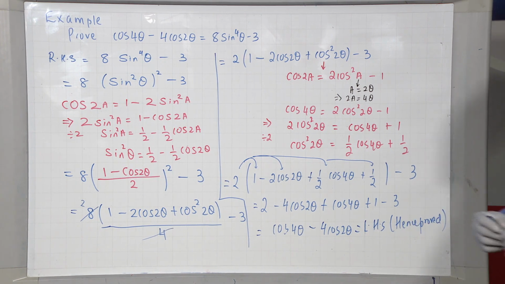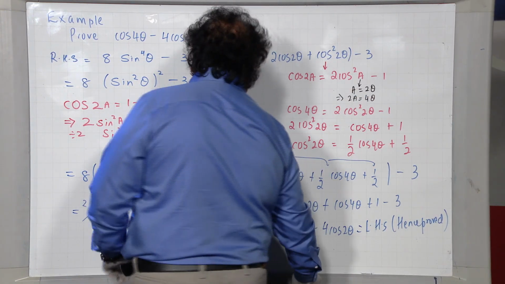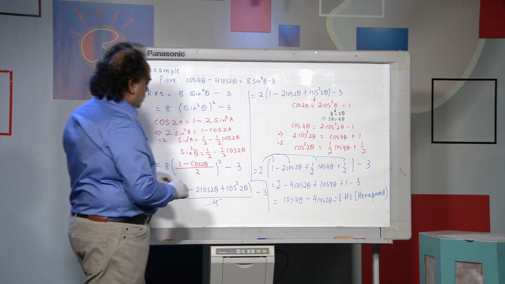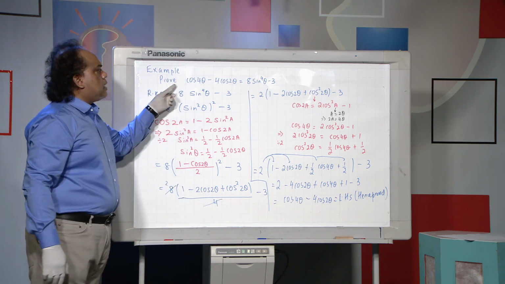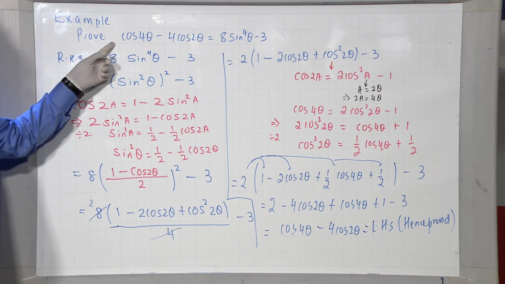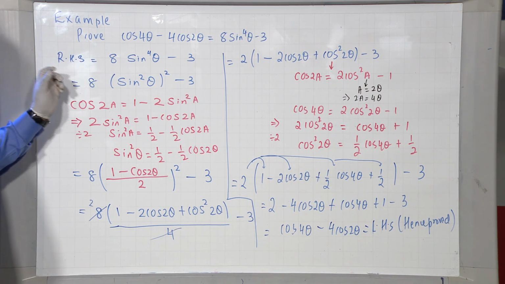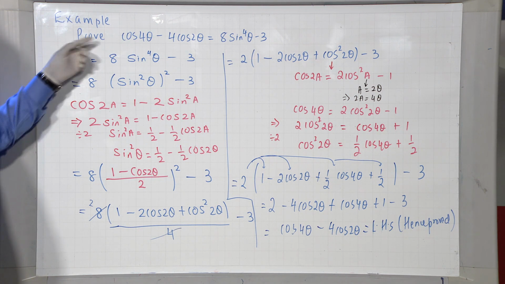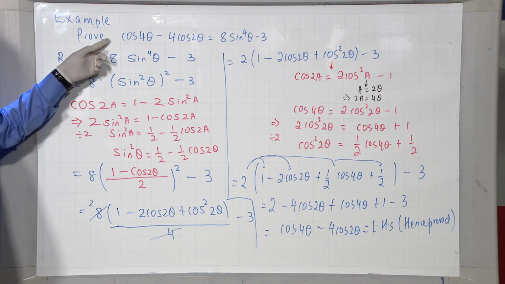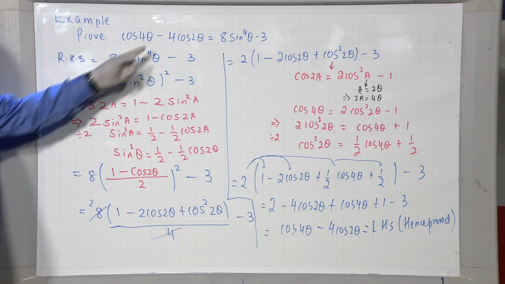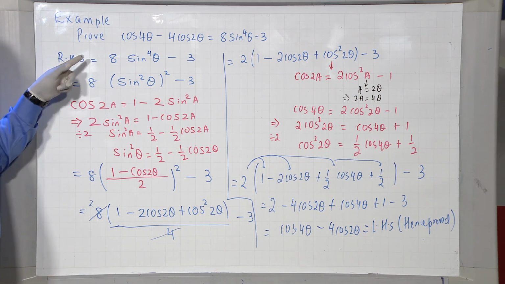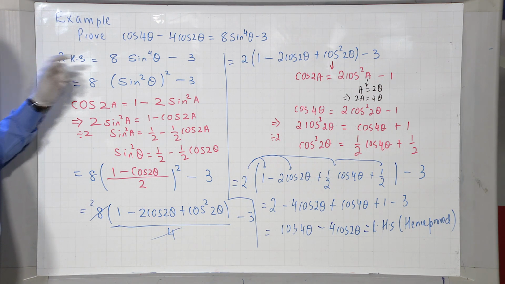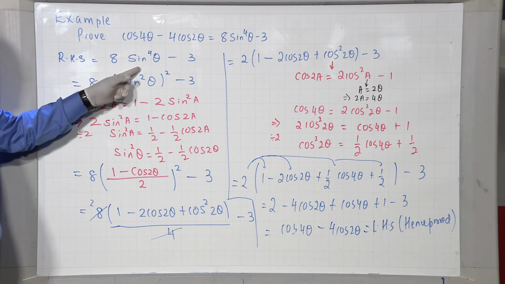So, this question had cos 4 theta. We have not learned about cos 4 theta. We have learned about cos 2 theta. But the question was to prove that cos 4 theta minus 4 cos 2 theta is equal to 8 sine power 4 theta minus 3. So we started with the right-hand side.